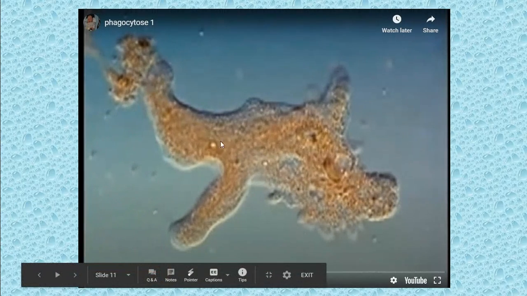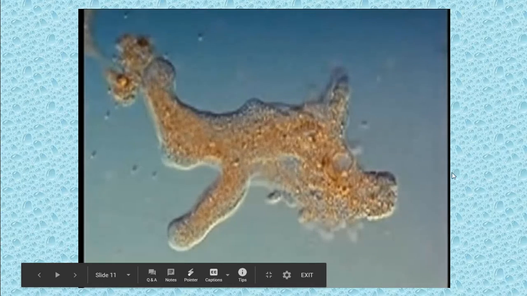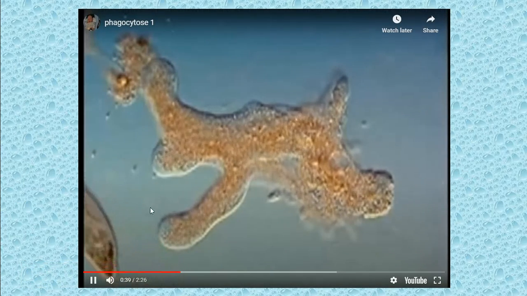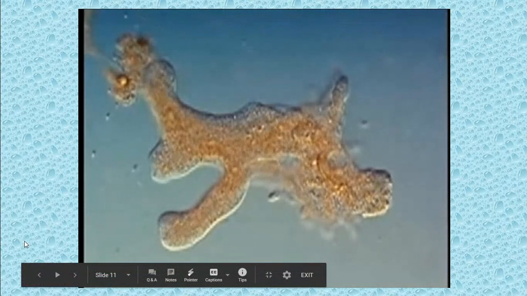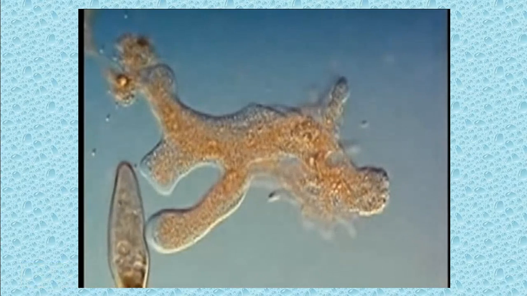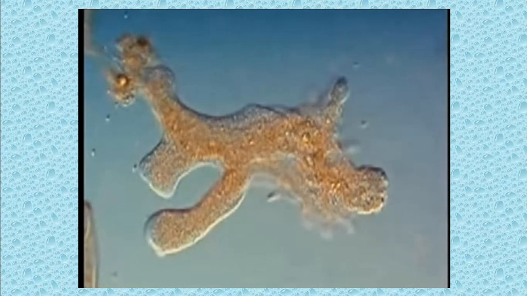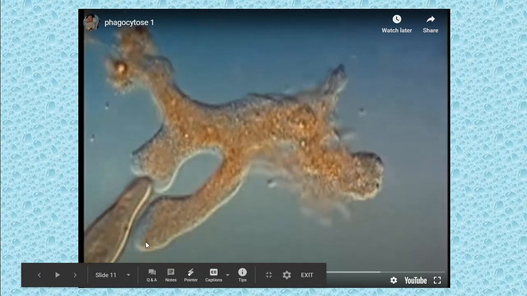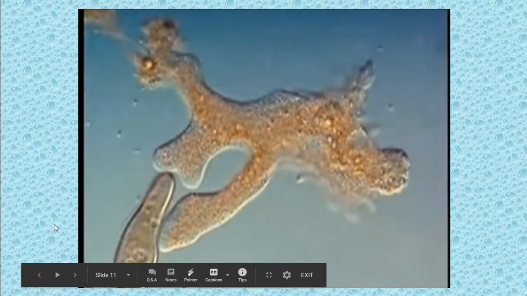So this main blob is the cell, and this little guy bouncing around is some type of bacteria that's trying to get into the cell. So you have this phagocyte that's going to try to engulf the bacteria and destroy it.